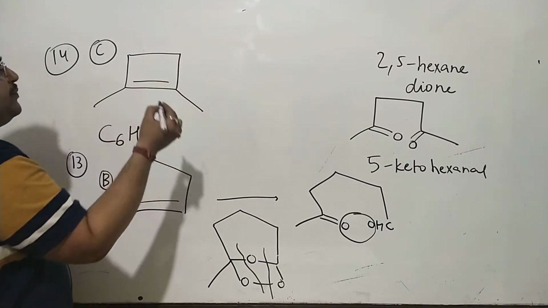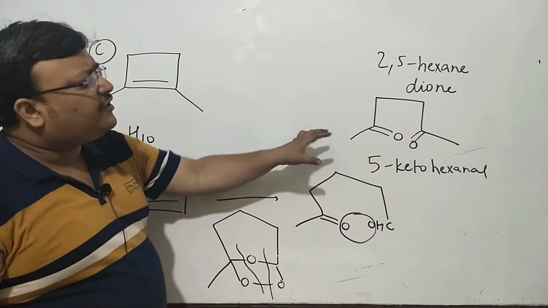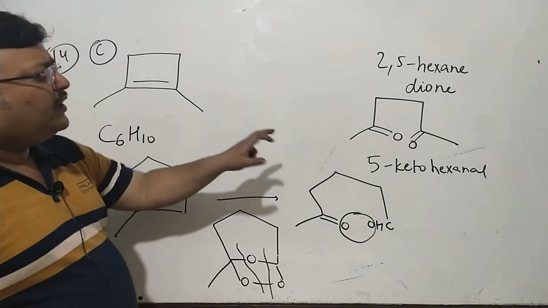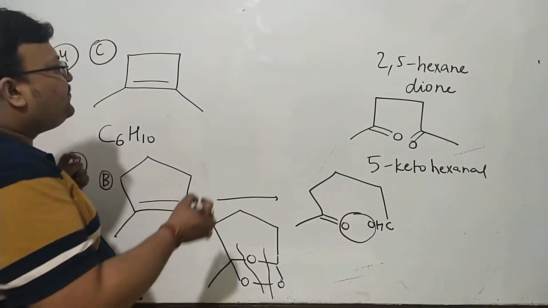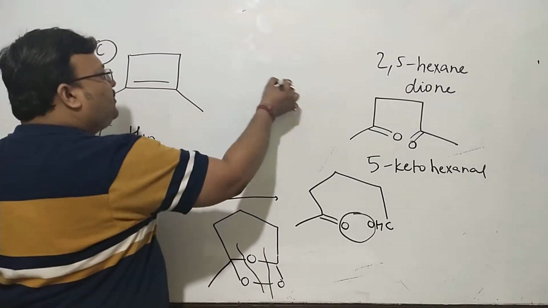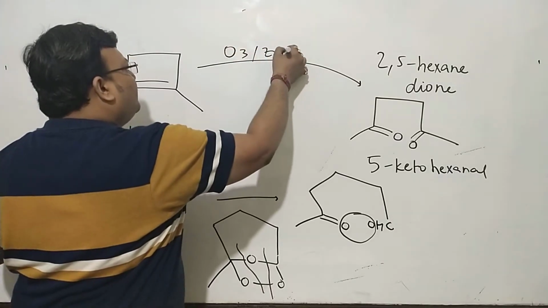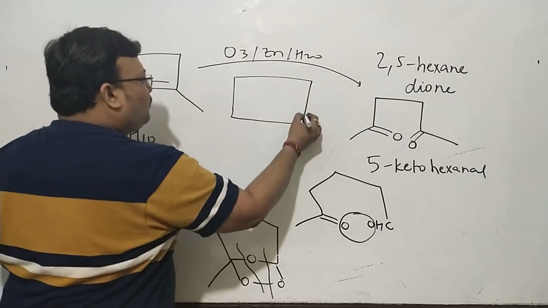So now you can approach the problem from either end. You're given a compound, you can draw its ozonolysis product. You're given the ozonolysis product, you can draw the original compound. Here you'll have to bring the two oxygen atoms close to each other, remove this, place a pi bond. And to go from this end to this end, which is ozonolysis, zinc H2O, you'll know how to draw the ozonide.